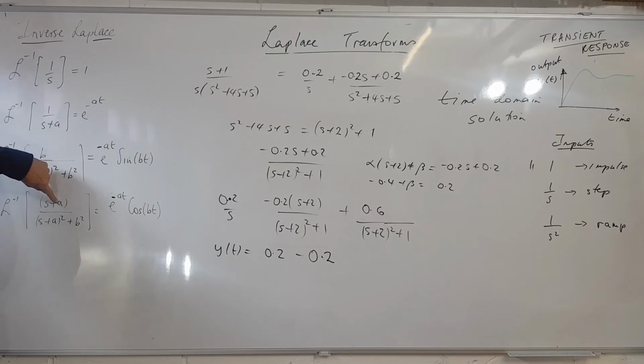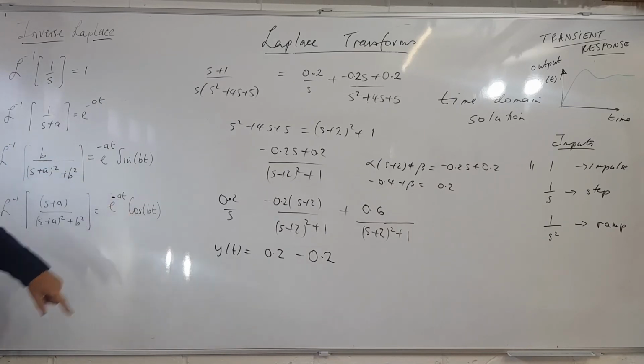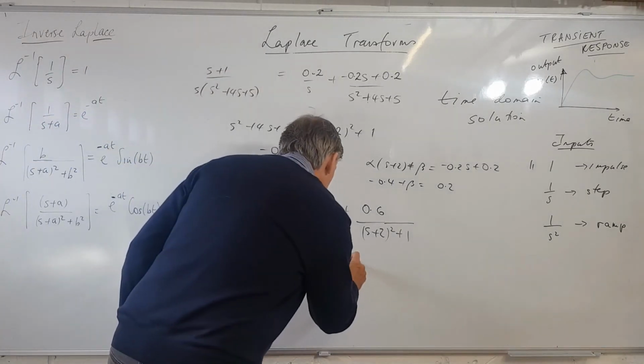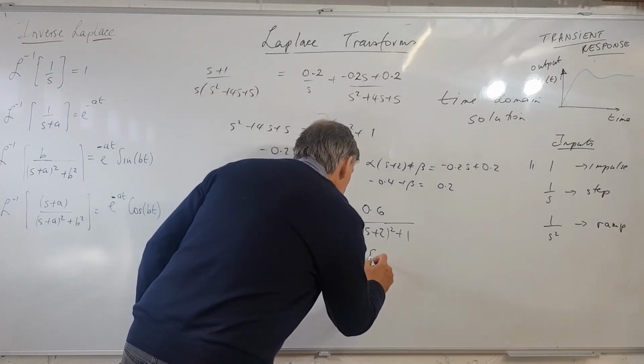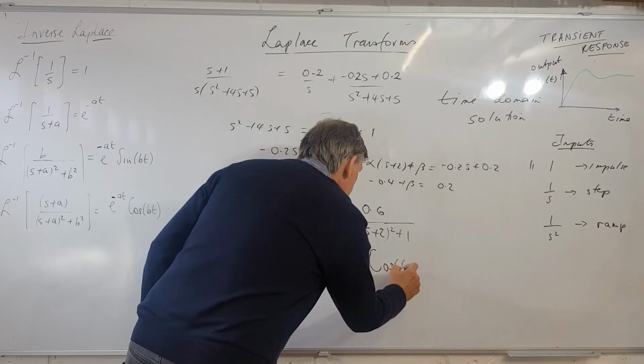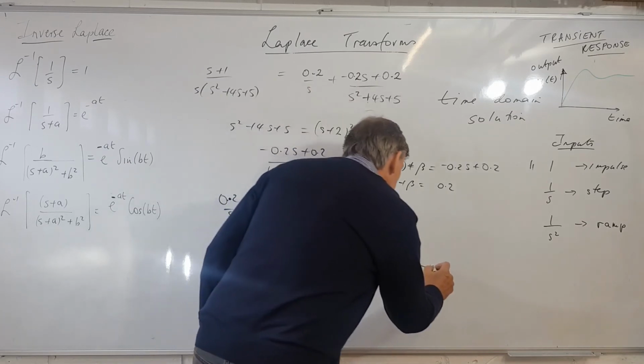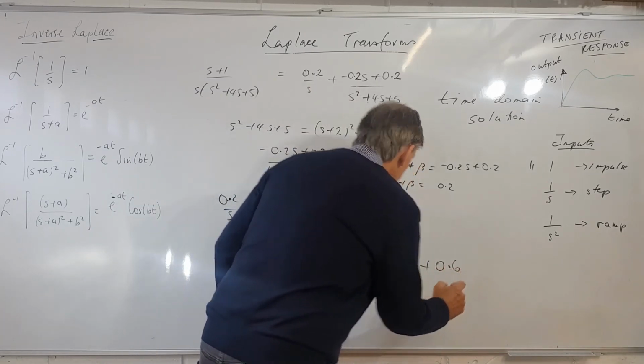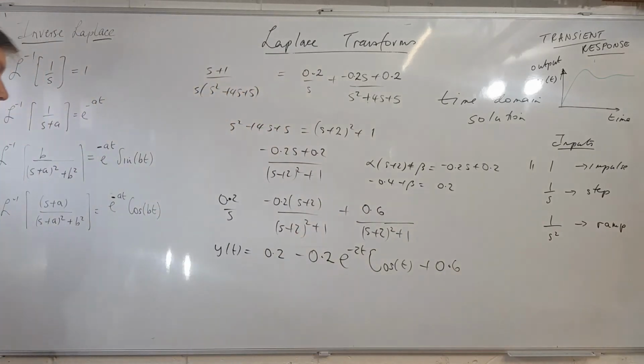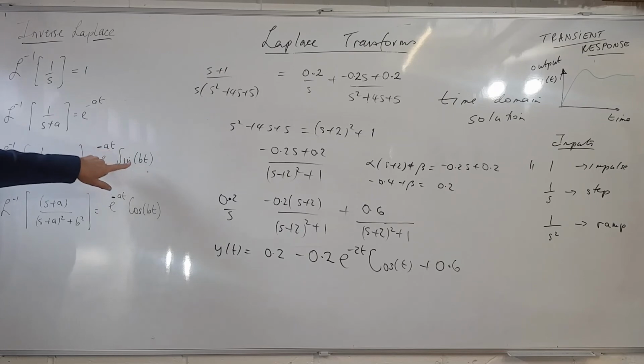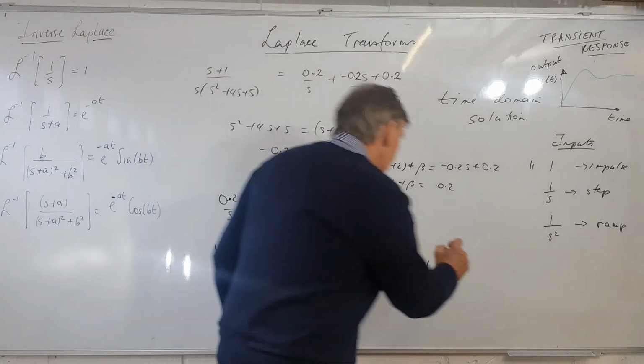The a is 2 and the b is 1, so it's e to the minus 2t cos t. That's going to be e to minus 2t cos of t plus 0.6. I've got 0.6 in here. And this one now is one of these. So this is going to be an e to the minus 2t sine t.